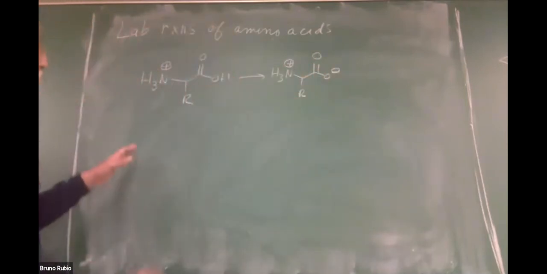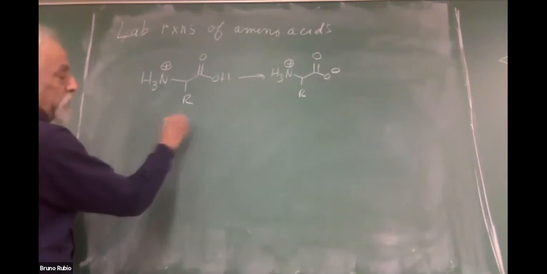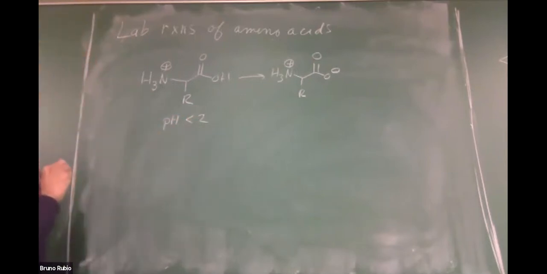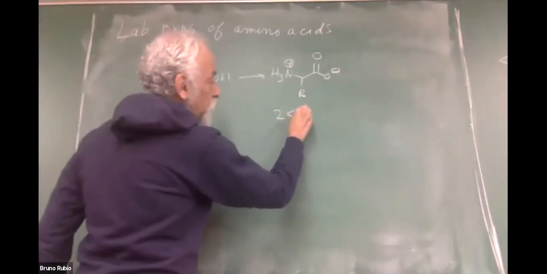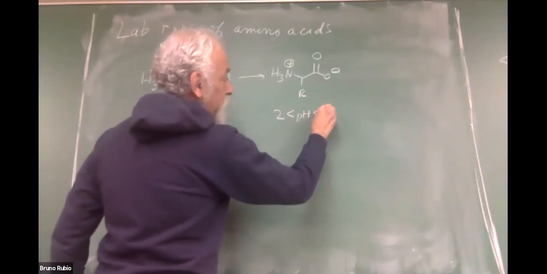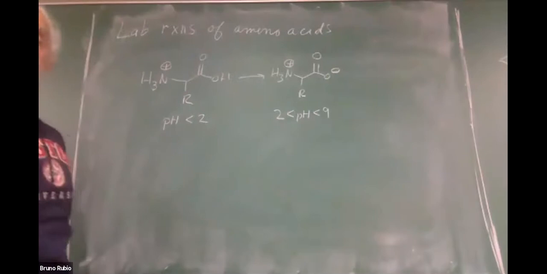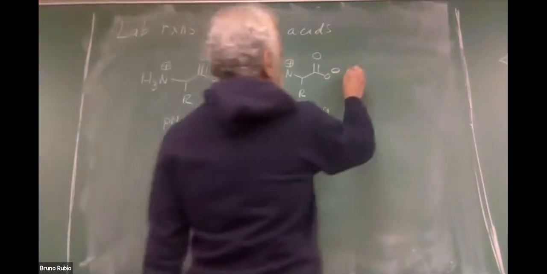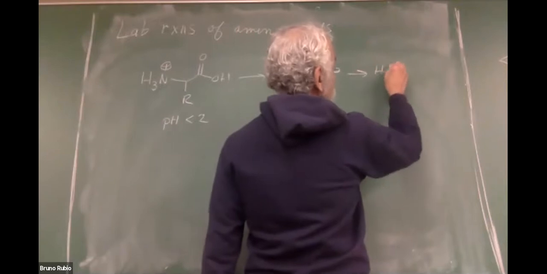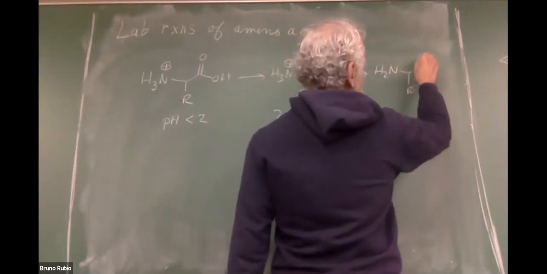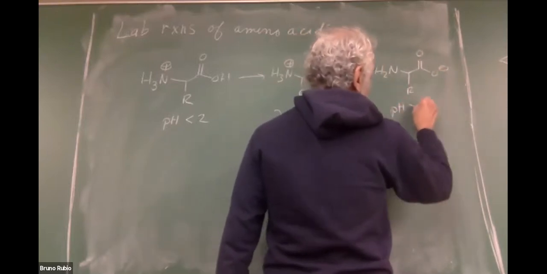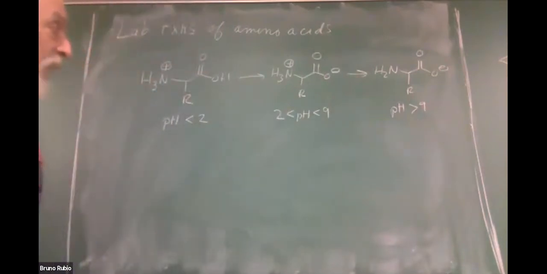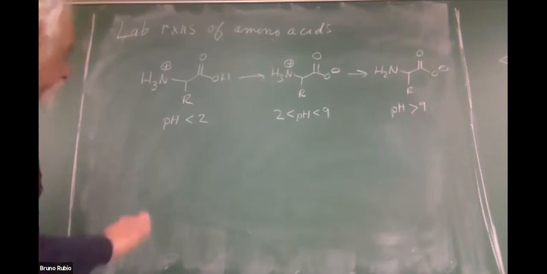For most amino acids, this would be pH less than 2. This would be pH between 2 and maybe about 9. For most amino acids look like this. And then above 9, right, this is just that dominant form we talked about so much already. That's pH above 9.